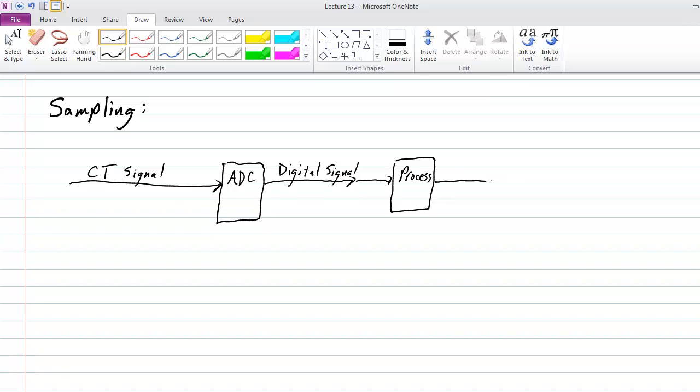And then, still digital, let's say, we stick it through another device that turns it into an analog signal again: a digital to analog converter. And out comes a continuous time signal. So this is a common design for digital signal processing, for example.